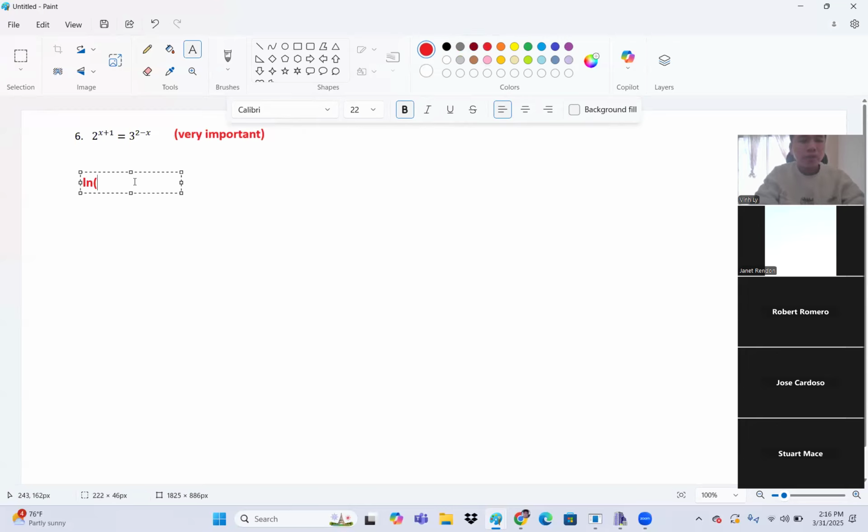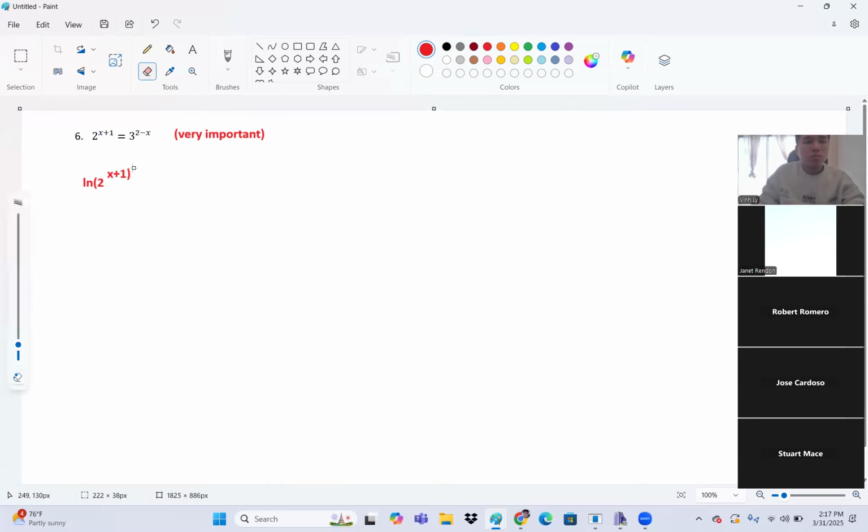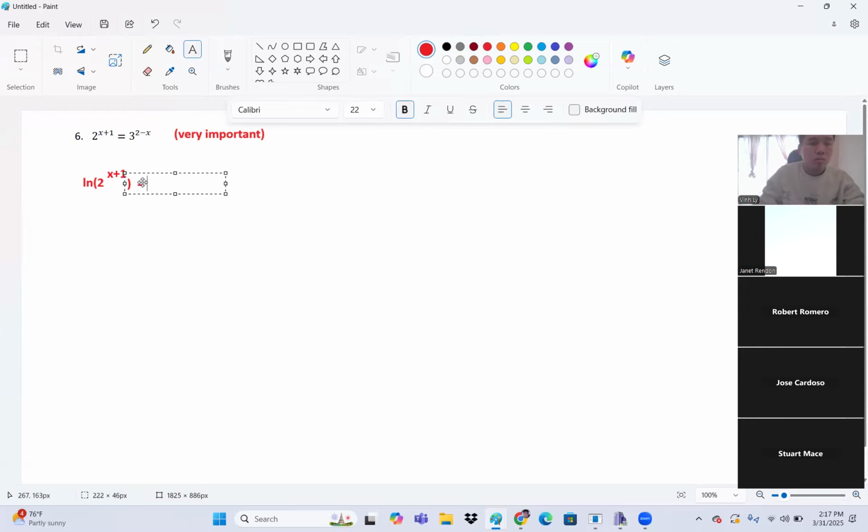So the ln of 2 to the power x plus 1 equal to ln of 3 to the power 2 minus x.